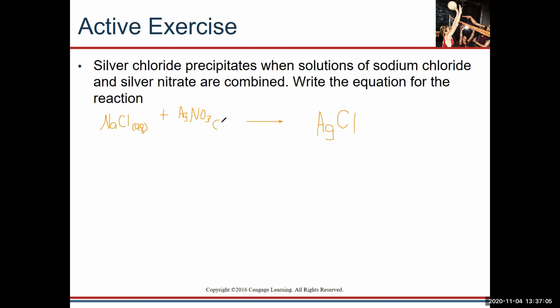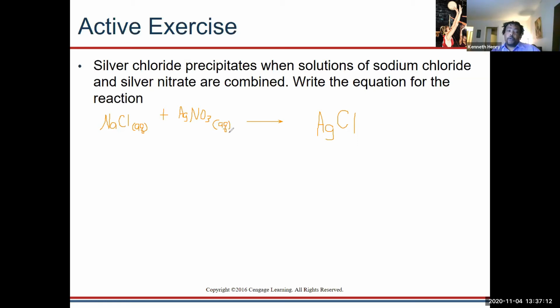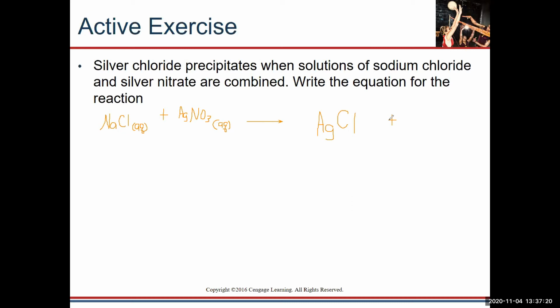Aqueous. Okay. So if it's a double replacement reaction, what is going to be the other product? NaNO3.